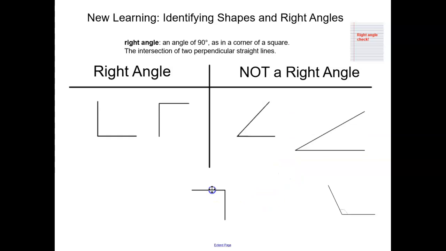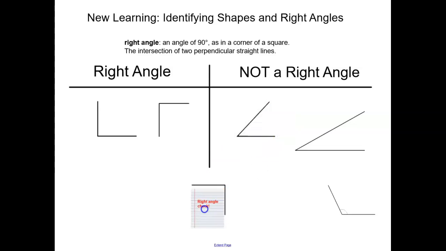What about this one? You're exactly right. This angle is a right angle because 2 perpendicular straight lines connect to form a perfect corner just like a square or a rectangle. I have my right angle checker right here.